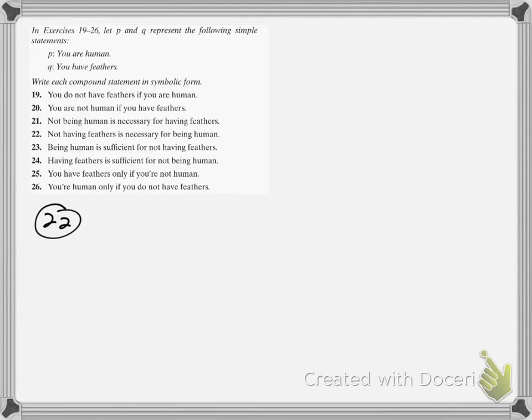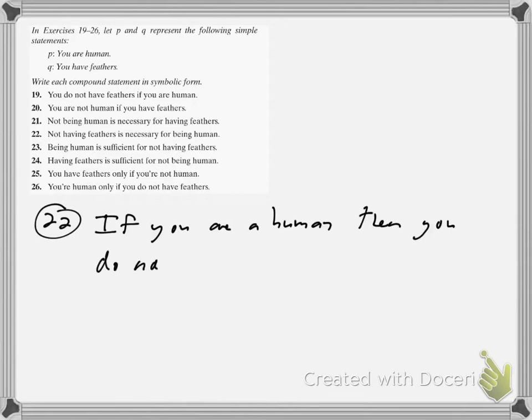So not having feathers is necessary for being a human means basically that if you are a human, then you better not have feathers. Right? Because if it's necessary, if you're a human, it's necessary that you don't have feathers. That means that if you are a human, then you do not have feathers.